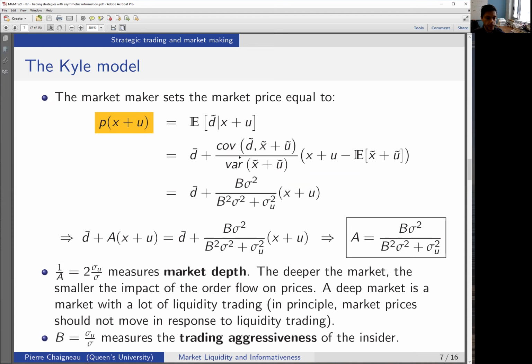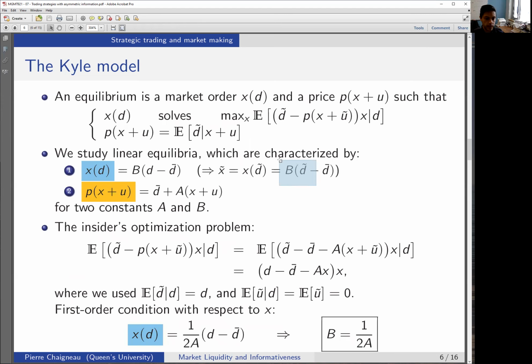Okay, so likewise for the variance of X tilde plus U, it can be decomposed. The variance of the sum can be decomposed into the sum of the variances, simply because, again, the covariance between X tilde and U tilde is equal to 0. So the variance of X tilde, that would be the variance of this.